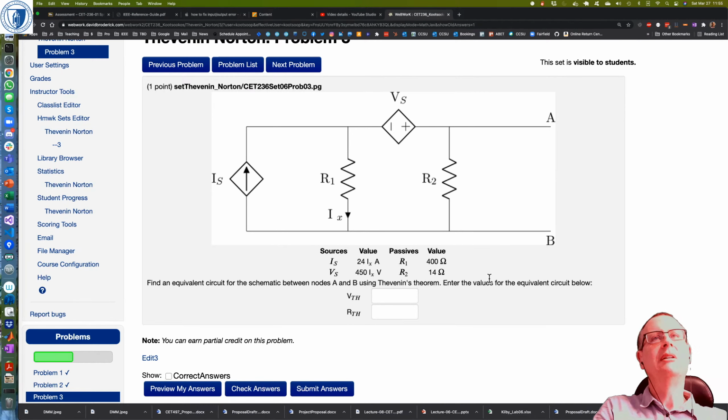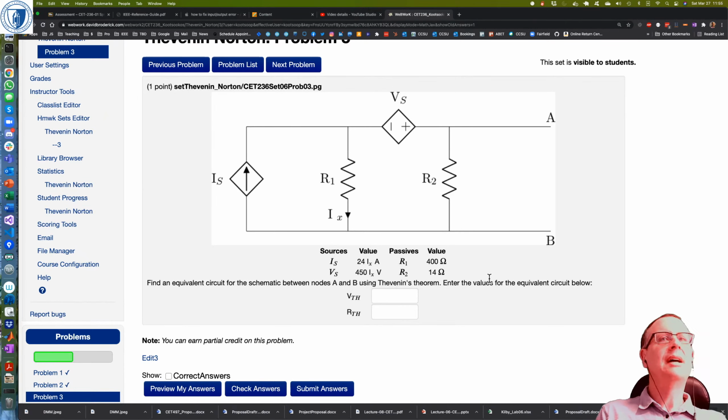So we apply a voltage to the nodes A and B, and then we analyze the circuit to find the current coming out of that supply, and that will tell us RTH.